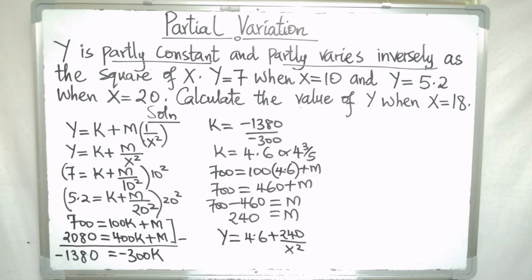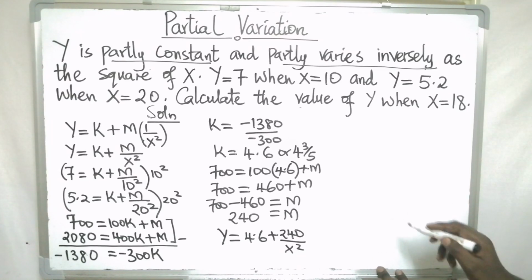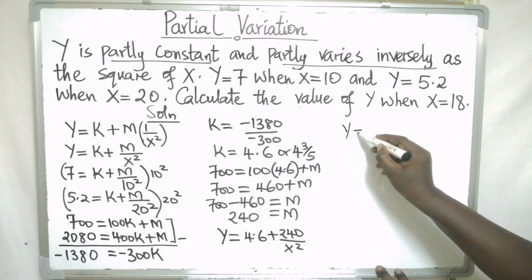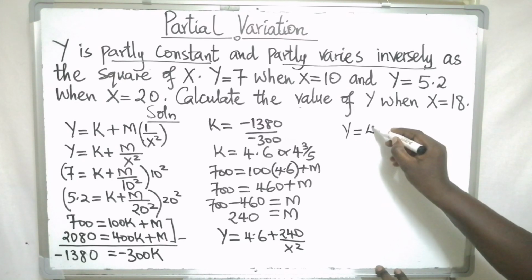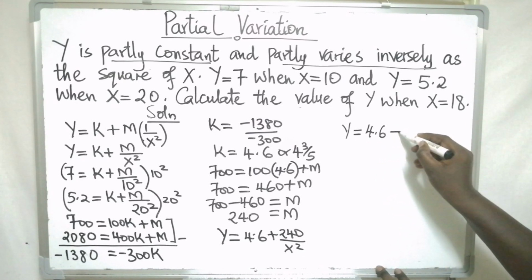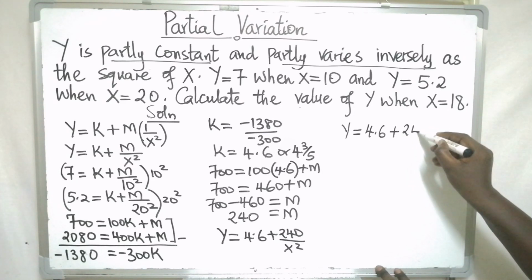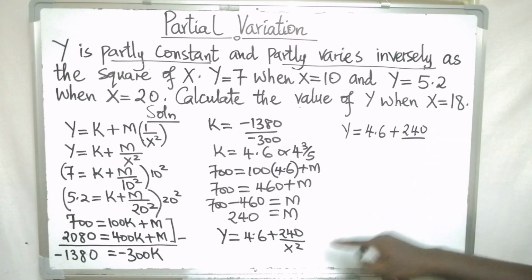To get the value of y when x is 18, what do we need to do? We will need to substitute the given value of x to get the value of y. So let's see what to do. We take the equation y is equal to 4.6 plus 240 over x squared.